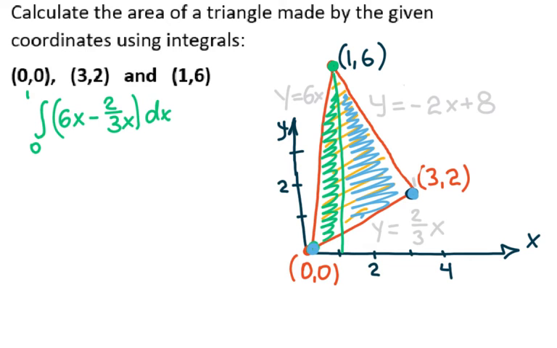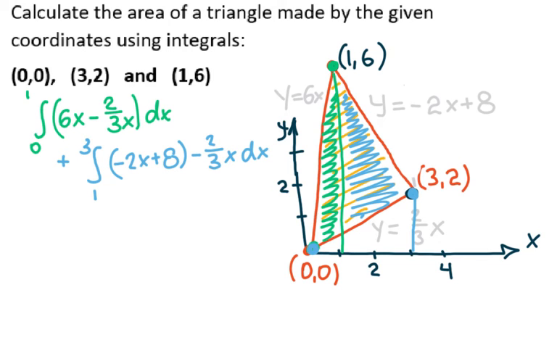And then for the blue part, we're going to add the other integral, and that one is going to be between 1 and 3. The top function is negative 2x plus 8, and the bottom function is 2/3 x, and again dx.